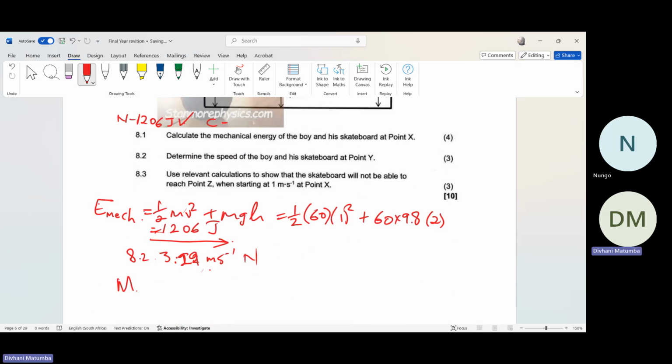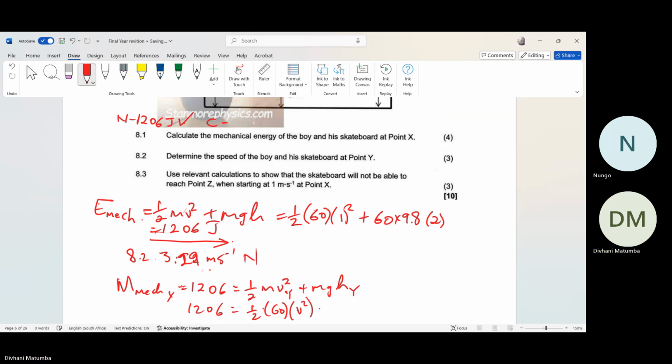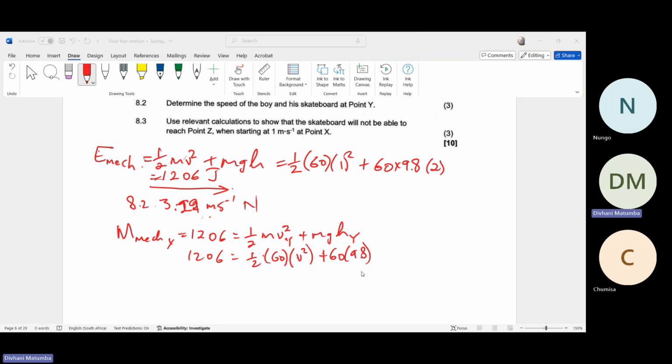Therefore, if Emech at X is equal to 1206, it will be equal to 1/2 mv squared plus mgh at point Y. So 1206 will be 1/2 into 60 times v squared plus 60 times 9.8 times the height.